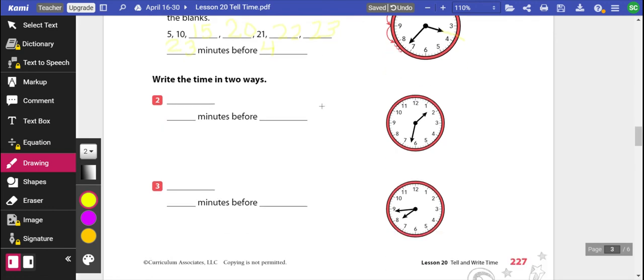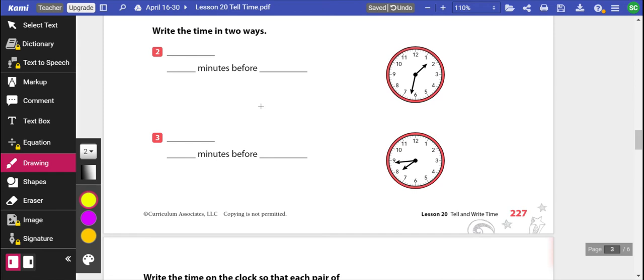All right, on number 2, we're going to write the time in 2 ways. So we're going to write the actual time, and then we're going to say how many minutes before it is. So looking here, I can see that my hour hand is between the 1 and the 2, and it's not on the 2 yet. So it's 1 something. And I'm going to put my 2 dots.